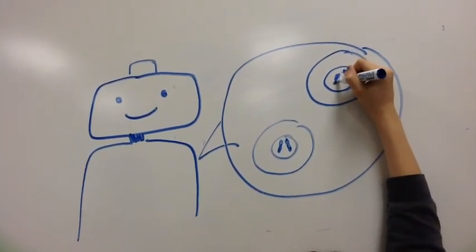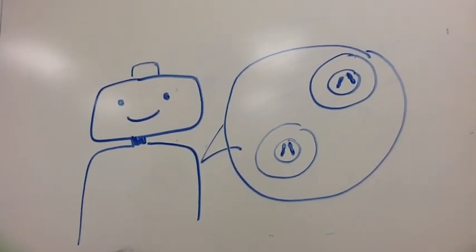Now Emmett's two new cells will repeat the cell cycle again to create even more.